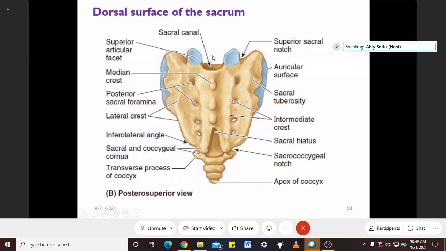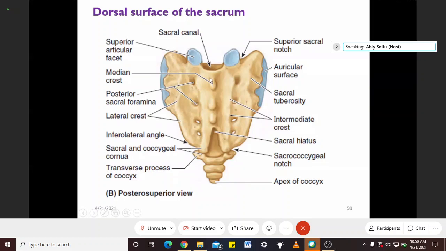For instance, medially there is a median crest, which is formed by the fusion of the spinous processes of the upper four sacral vertebrae. Sometimes it may be up to the third sacral vertebra. Distally they fail to fuse. The fifth and the fourth fail to fuse together and form the sacral hiatus.